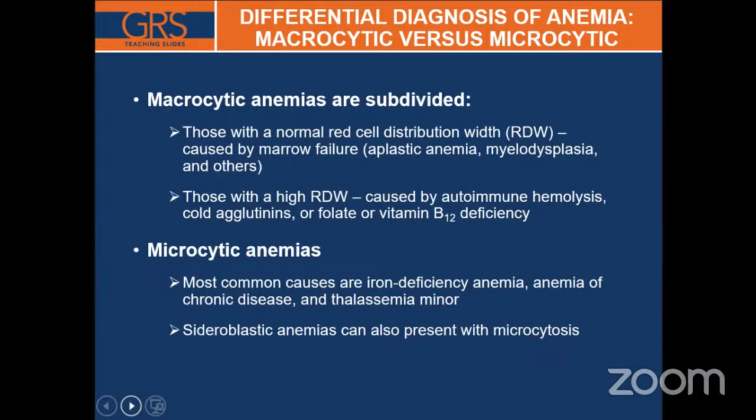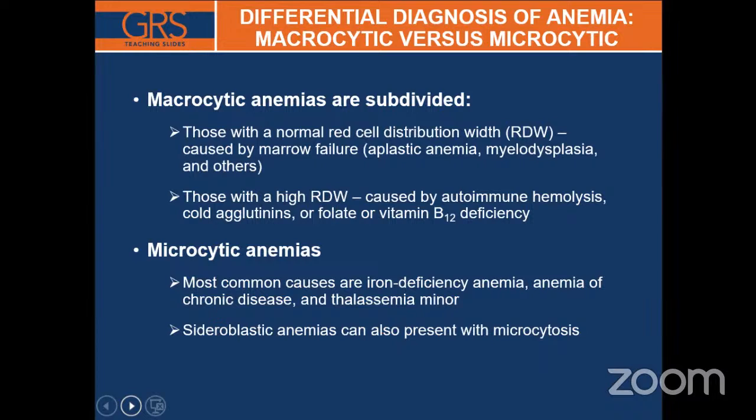Any macrocytic anemia with normal RDW is probably caused by marrow failure, like aplastic anemia or myelodysplasia. Those with high RDW are most probably caused by autoimmune hemolysis or cold agglutinin disease, followed by vitamin B12 deficiency, because of the variability of the availability of B12 and folate during the synthesis of the RBCs, leading to different sizes of RBCs.